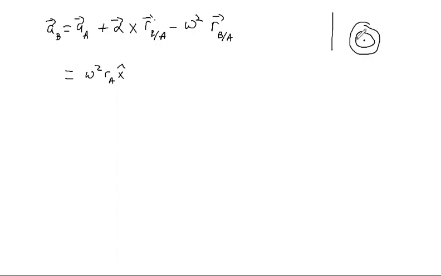Here's the center. Point A is here, and point B is here. So I know that the vector from A to B equals R_B y hat plus R_A x hat.